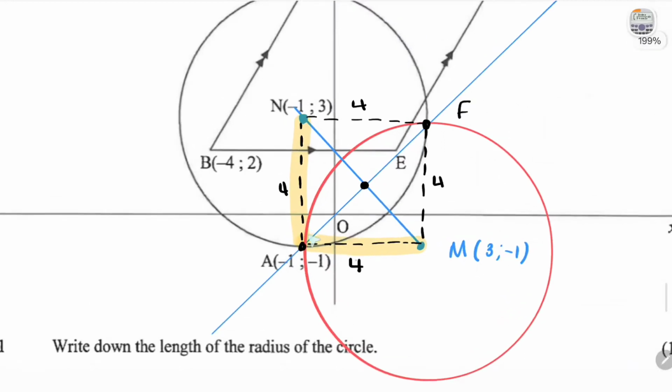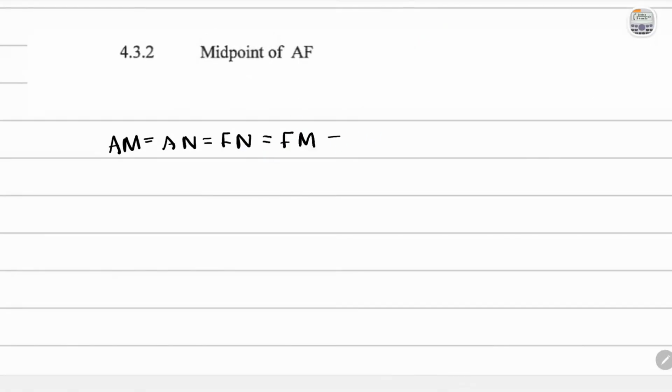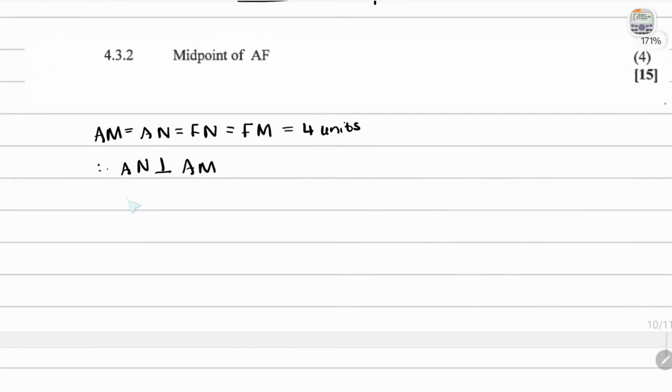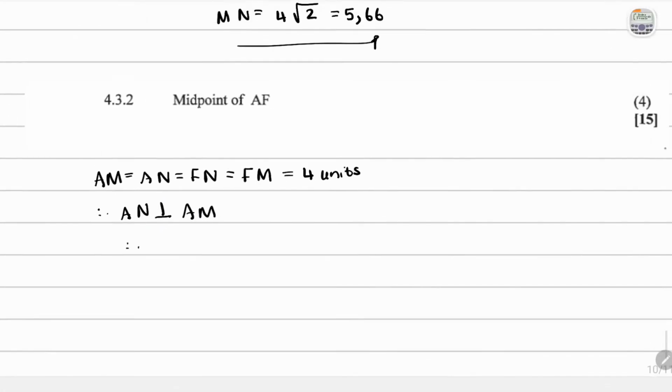So the length that we're focusing on is AN equals NF equals FM equals AM. So they are all equal and they are exactly equal to 4 units. And we know that AN is perpendicular to AM. Okay, so it makes that shape a square, which is ANFM.